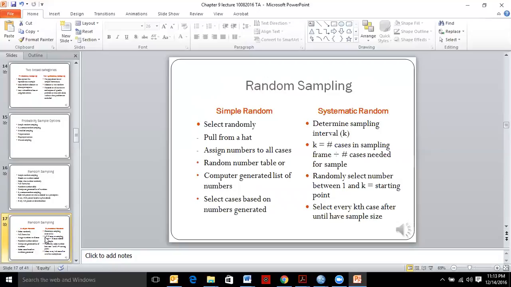And then we randomly select the first participant or the first number, and it will be the starting point. So for example, if we want 20 people and we have 100, we divide 100 over 20, and that will give us 5.